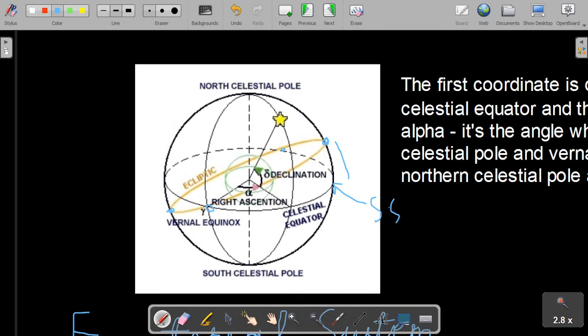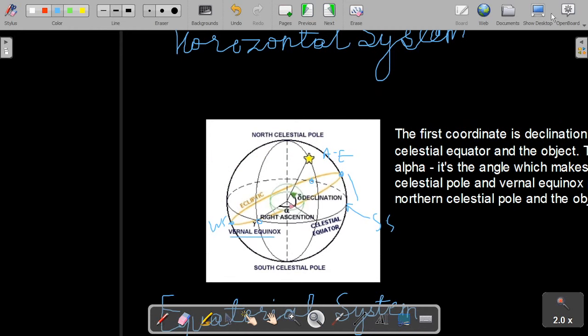Then it declines in declination and reaches the point of the autumnal equinox, then further declining in declination, it reaches the point of the winter solstice. Then again it ascends in declination and reaches the vernal equinox. So that is what I wanted to say about the ecliptic.